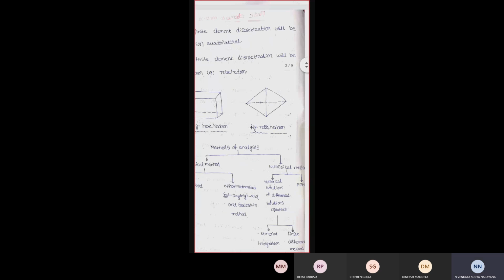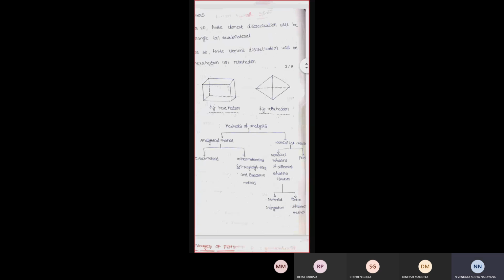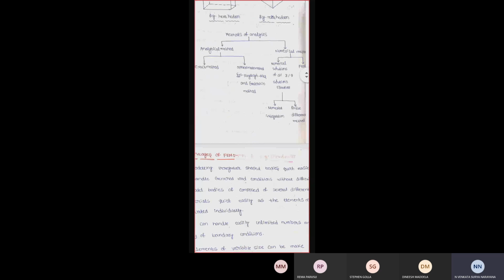Next, coming to methods of analysis. Method of analysis means solving a problem by using analysis. Method of analysis is again classified into 2 types. One is the analytical method and the second one is the numerical method. Analytical methods are again classified into 2 types: the exact method and the approximate method.